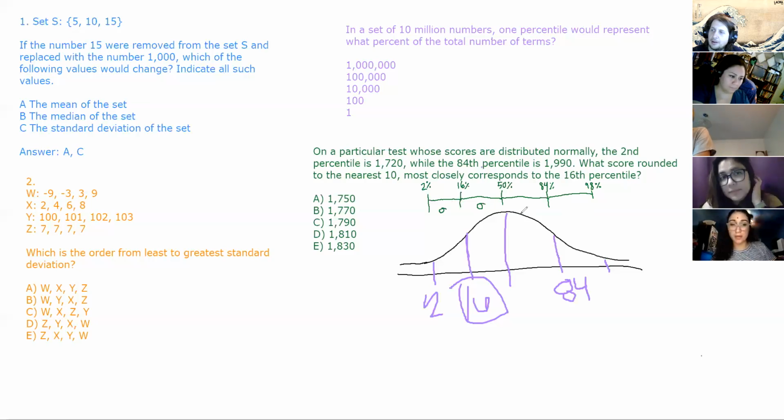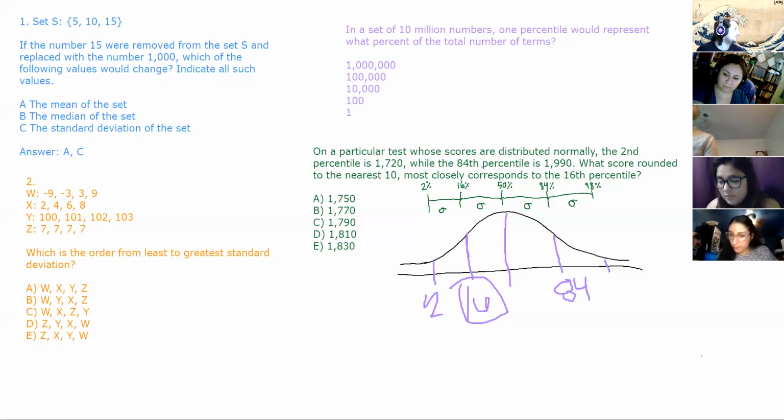Each one of these gaps is equal. And it's not exactly 16%, it's like 15.9 or something like that. But for the purposes of this exam, 16% and 2% is certainly close enough.